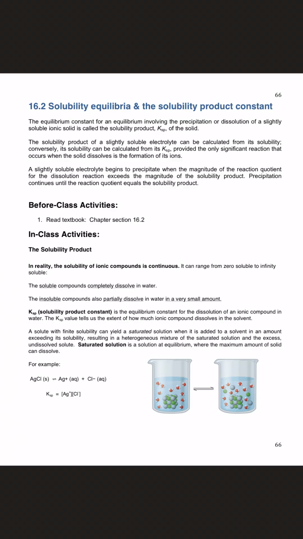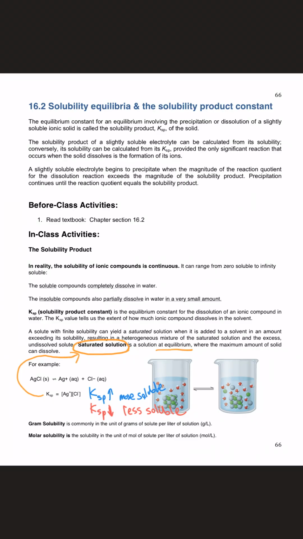For example, if the KSP is a relatively large value, the ionic compound is more soluble in that solvent. If the KSP is a relatively low value, that ionic compound is less soluble. A solution at equilibrium, where the maximum amount of solid has dissolved, is called a saturated solution. That means the KSP expresses the saturated solution at equilibrium.